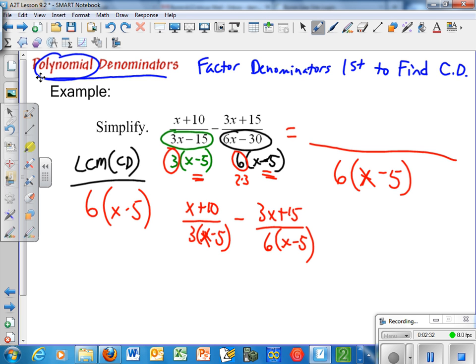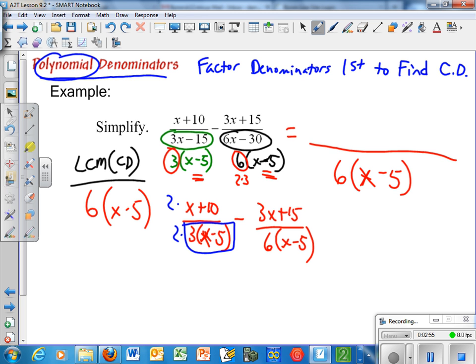Just because it was getting a little messy up there, that's why I wanted to rewrite this. So if I look down here, I have the 3 times the x minus 5 binomial factor. What do I multiply that by to get my common denominator? Well, I have to multiply by 2 to get the 6 out in front. I already have the x minus 5 factor, so I need to multiply the bottom by 2, which means I multiply the top by 2.